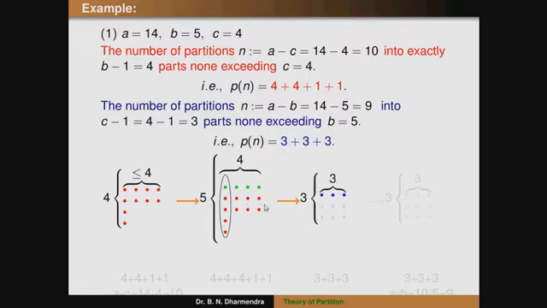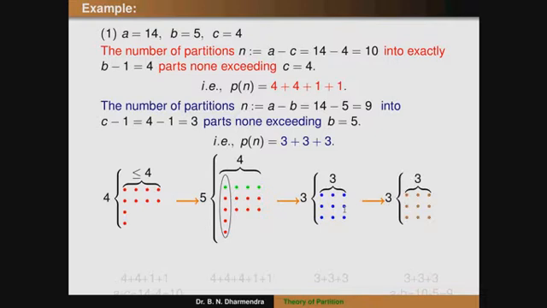At the top of the row, you can observe the column is 1, 2, 3, that is 4 minus 1, which is 3, 3 plus 3 plus 3. Now we can take the conjugate. Here it is self-conjugate, because 3 plus 3 plus 3, when I take the conjugate, again becomes 3 plus 3 plus 3.